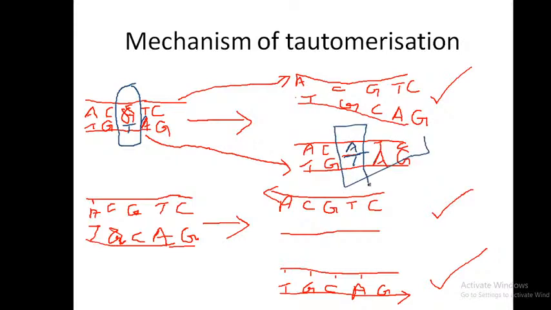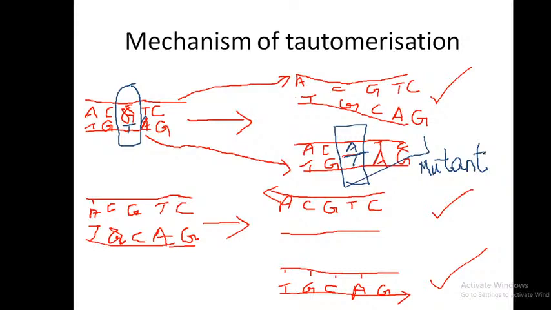This portion has changed, and this is the mutant. This is the mutant form or mutant progeny which has formed as a result of tautomerization. This is how you get the mutant type.